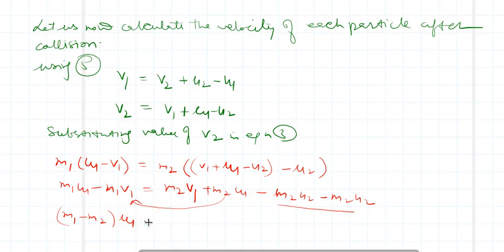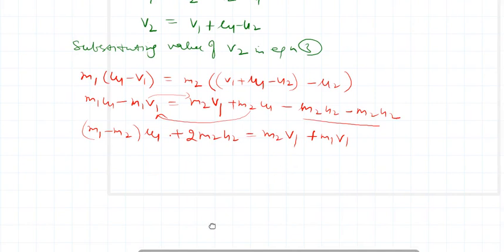And bringing this towards this side, it is plus 2 M2 U2 is equal to M2 V1 plus M1 V1, bringing this towards this side, right? So that's what I'm getting.